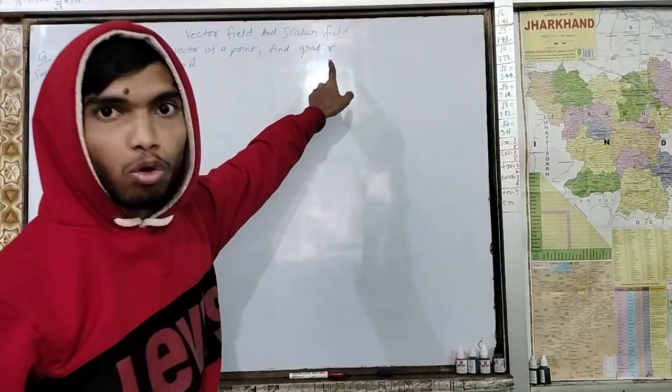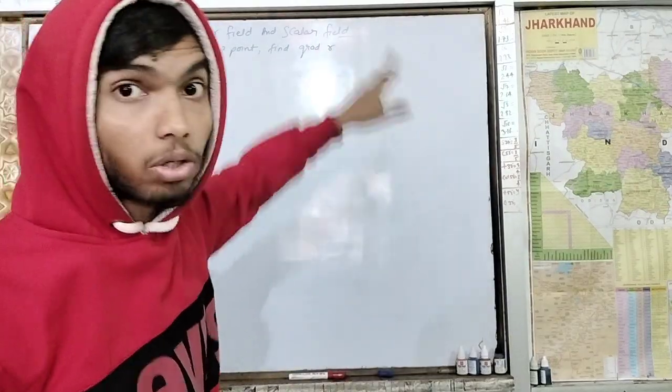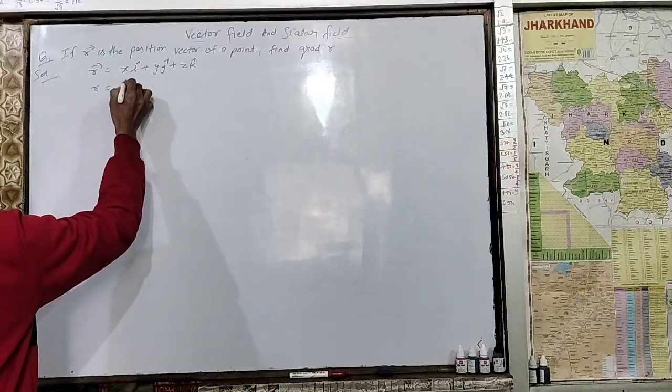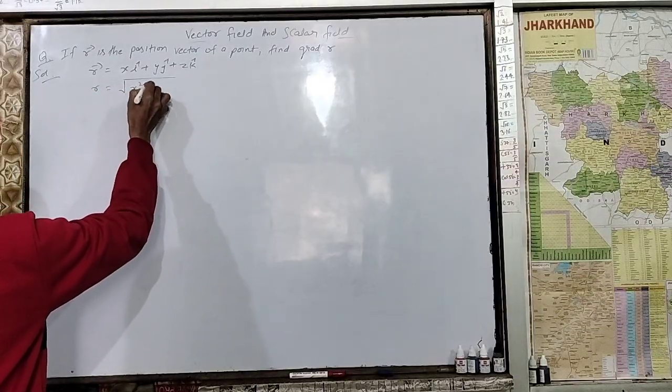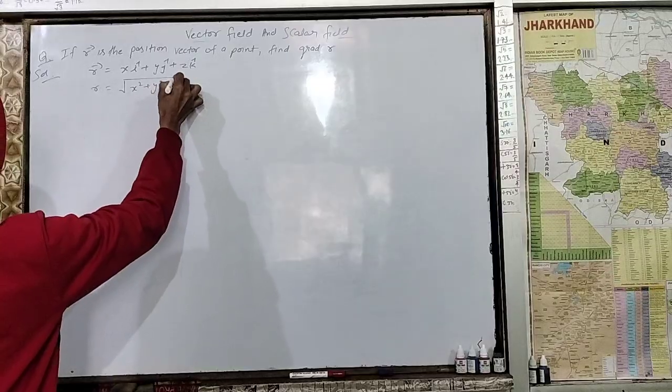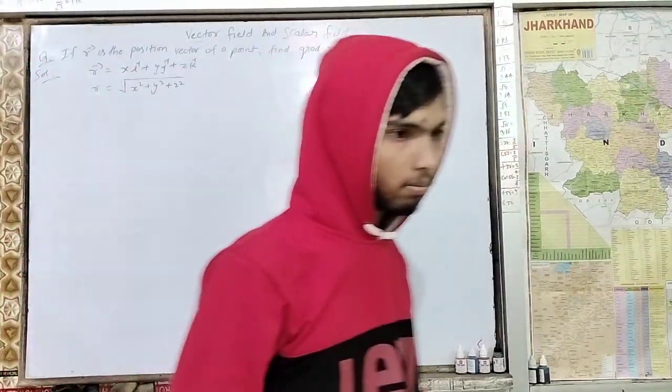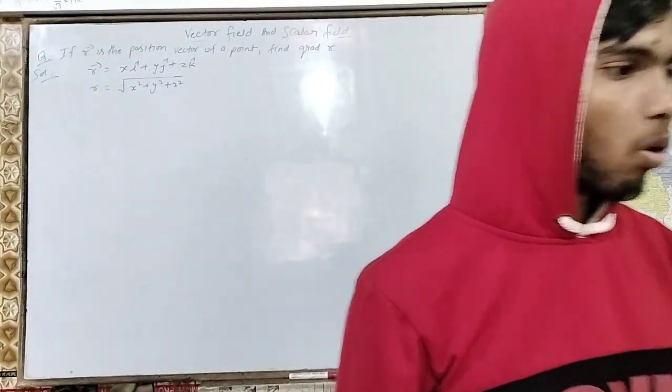Here the magnitude of the position vector is nothing but the square root of x square plus y square plus z square. This is the magnitude of R, where we remove i, j, k cap because we used mod.